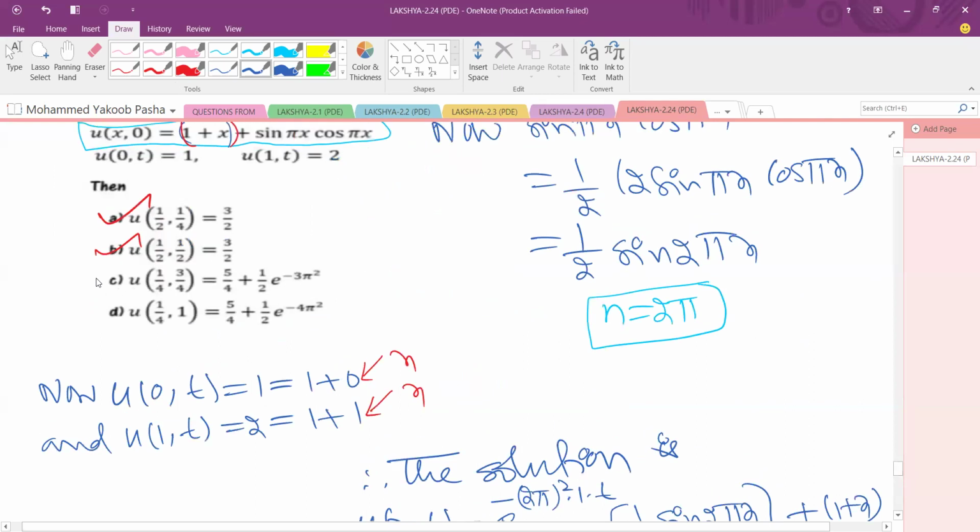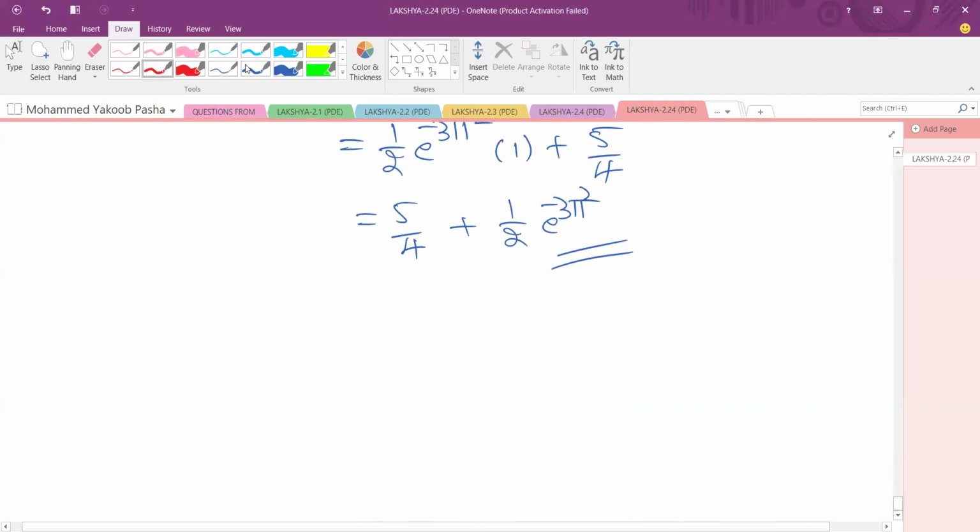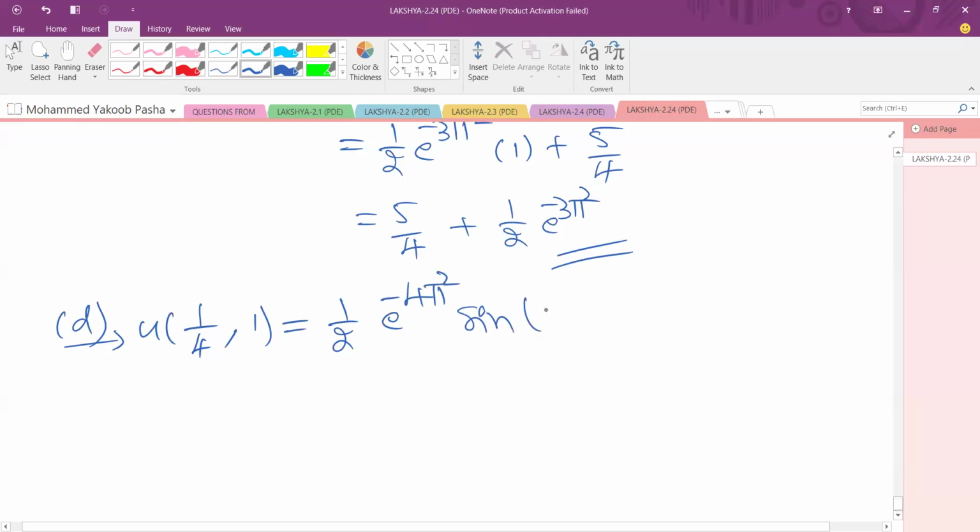Now go for option D, that is u of 1/4 comma 1, that is equal to 5/4 plus 1/2 e power minus 4 pi square. We substitute 1/4 and 1. Let us see option D, u of 1/4 comma 1 is equal to 1/2 e to the power of minus 4 pi square, t value is 1, sin 2 pi x. 2 will be cancelled, so pi by 2, plus 1 plus 1 by 4.